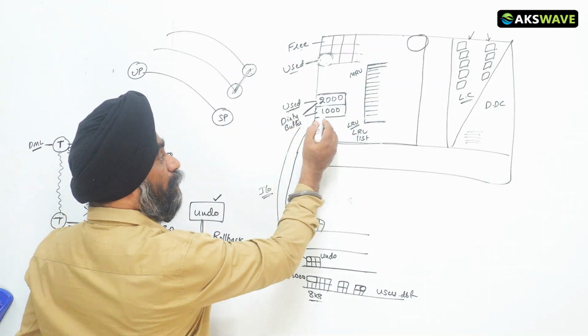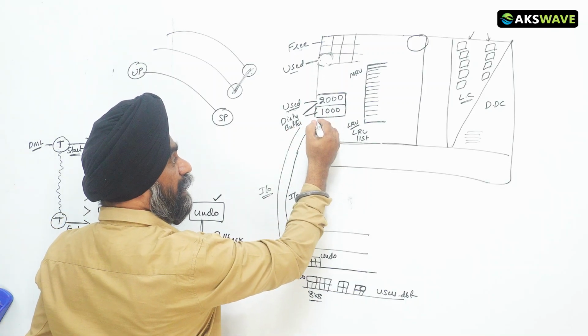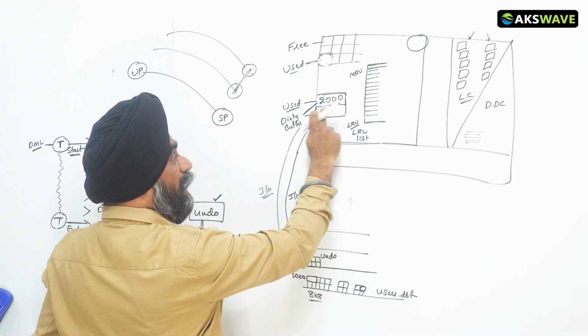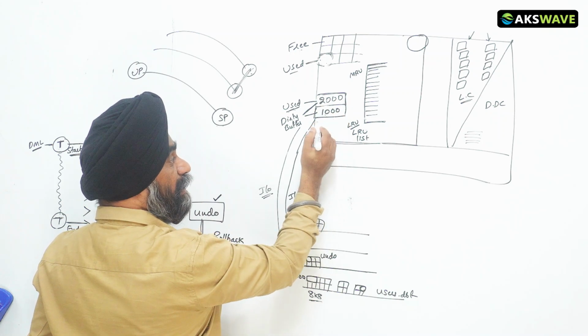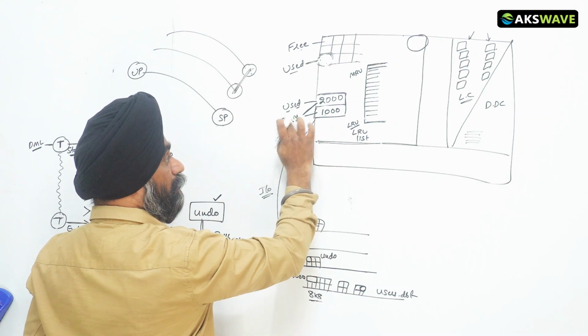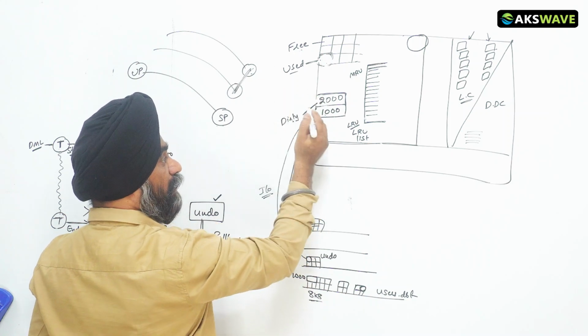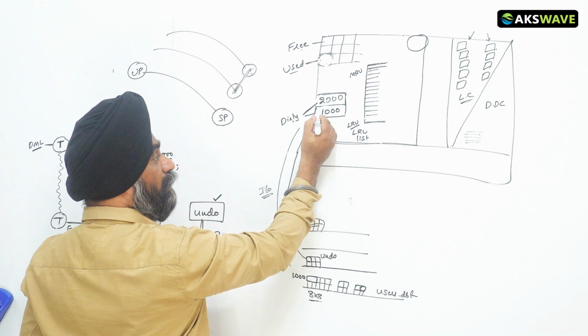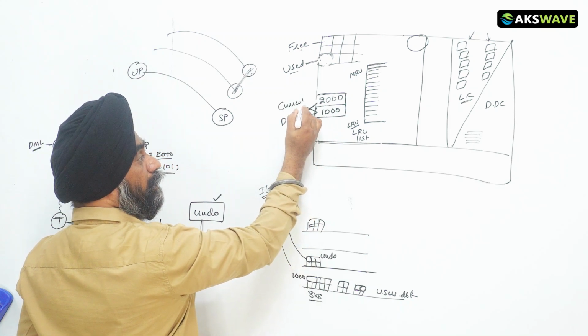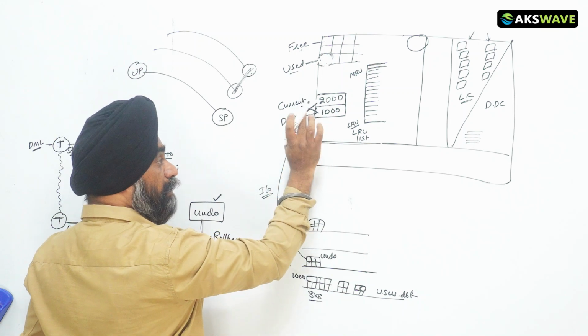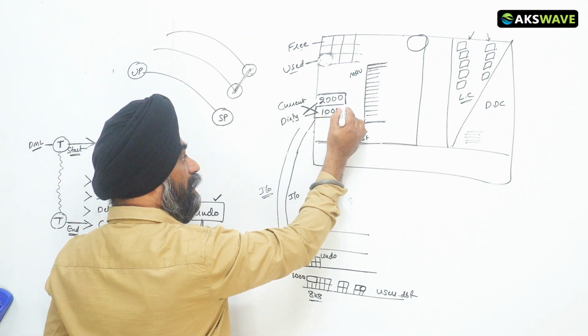Again, while modifying, initially it is first writing to the undo. It was blank. It is writing the 1000 here now. While it is updating this buffer, initially the status will be current. What do you mean by current? Currently, it is modifying this buffer.